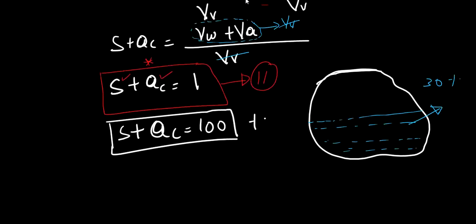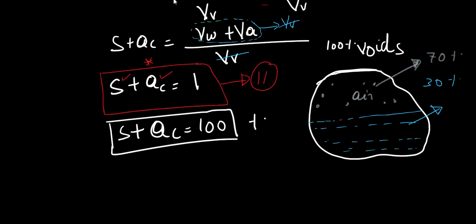So 30% of the voids have water, and the rest will be air only. That means out of 100% voids, if 30% of voids are filled with water, then 70% of voids are filled with air.